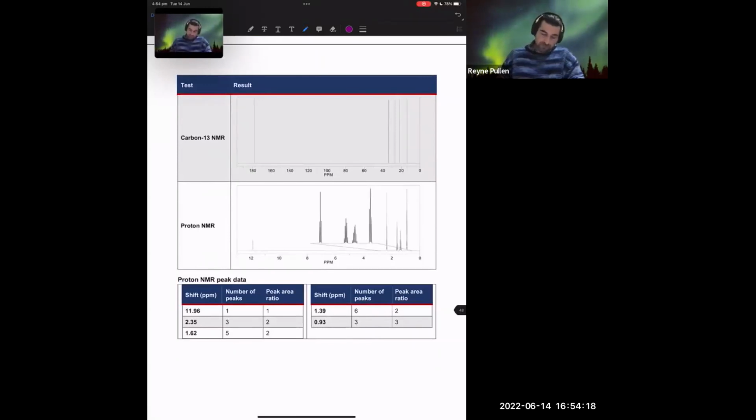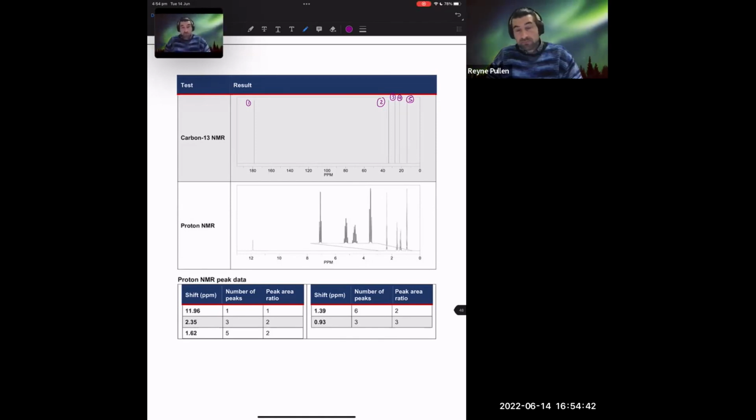In our carbon NMR, we can see a total of 5 peaks. Let's label these up: 1, 2, 3, 4, 5. This is a really distinctive pattern to see. Peak 1 is way down at about 180 ppm.